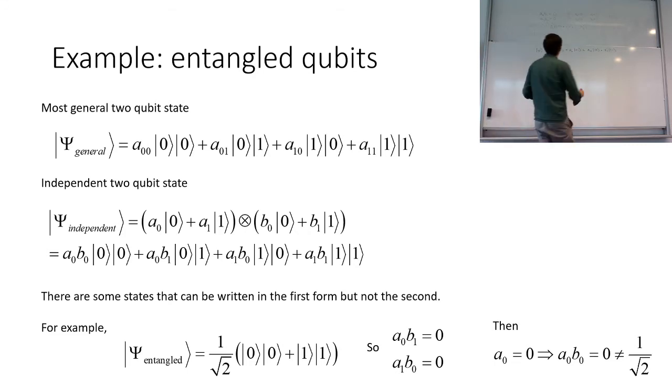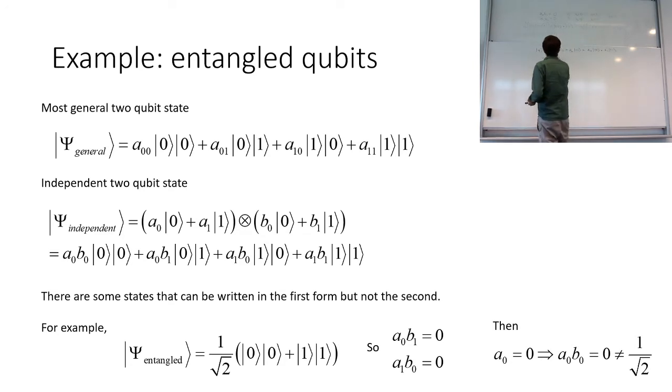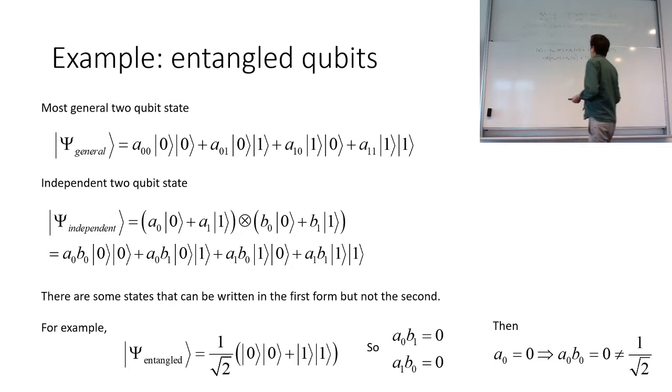So let's try and factorize it, because if we can factorize it, then it will definitely not be entangled. We can do that to some extent. We're going to factorize from the first two terms, factorizing the first qubit. Then from the second term, factorize the second qubit also.